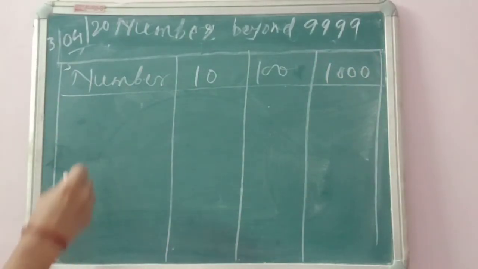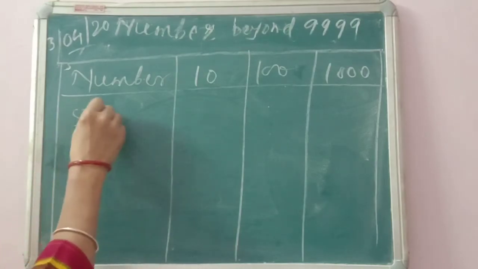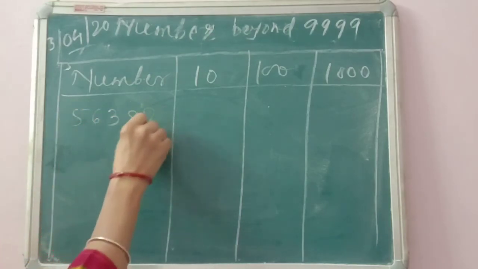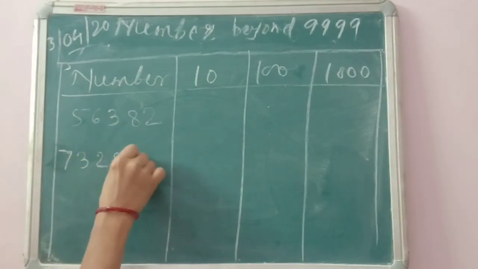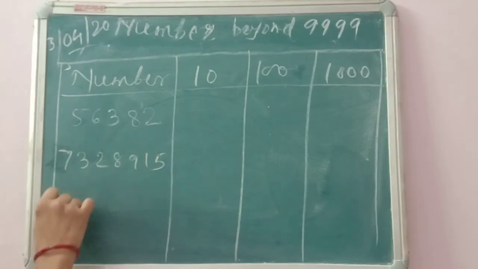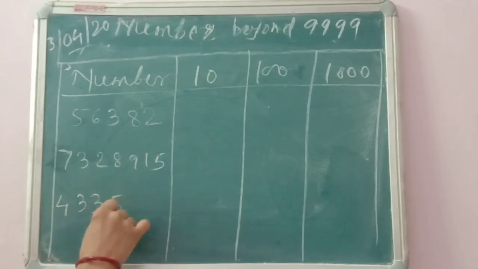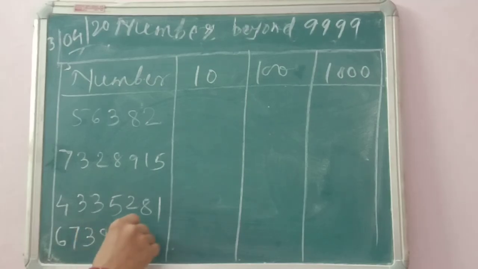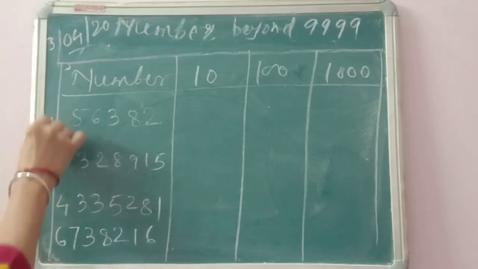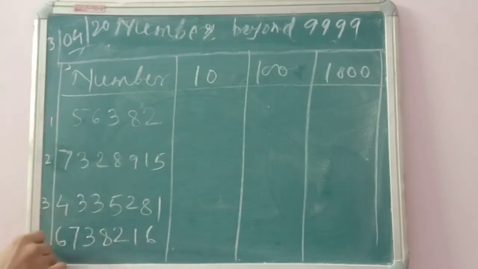Write down fast, okay? I have given you 4 numbers to round off to the nearest 10, 100 and 1000.